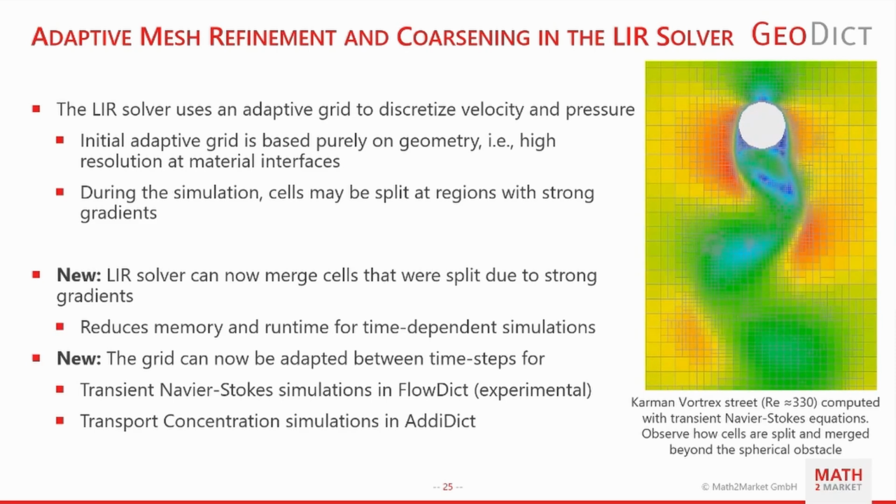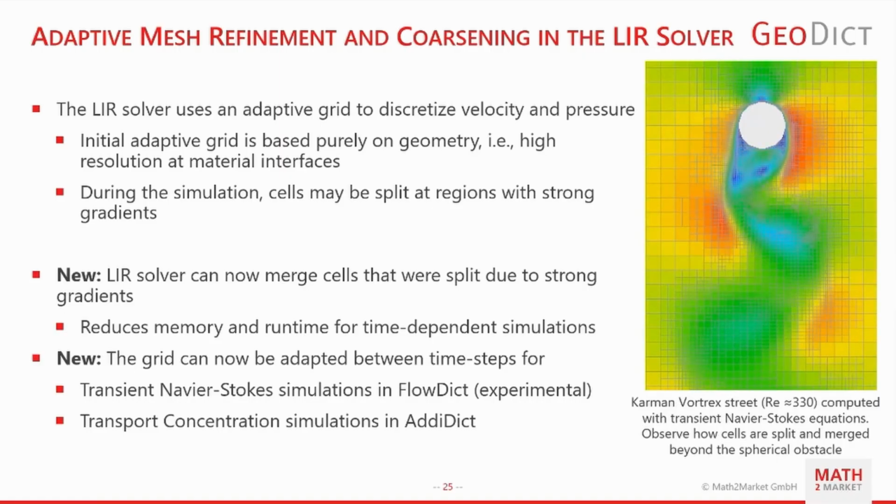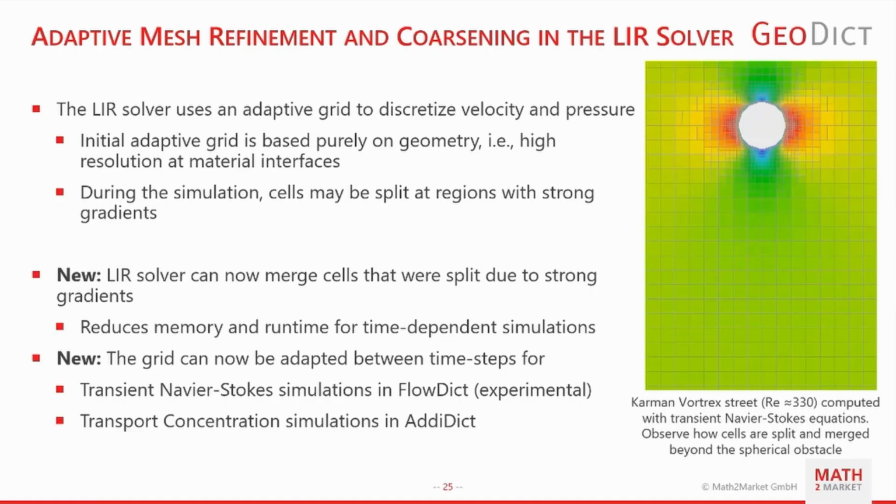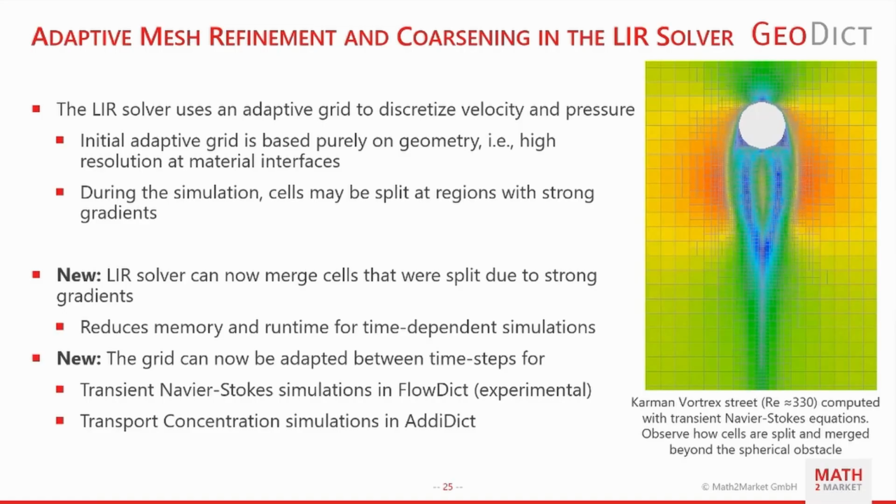So this is not possible with the 26 version, but you can see here some experimental code, or experimental prototype, for the transient Navier-Stokes solver. And here on the right, we see the Kármán vortex street computed with transient Navier-Stokes equations. And we see how cells are split and merged beyond the spherical obstacle.